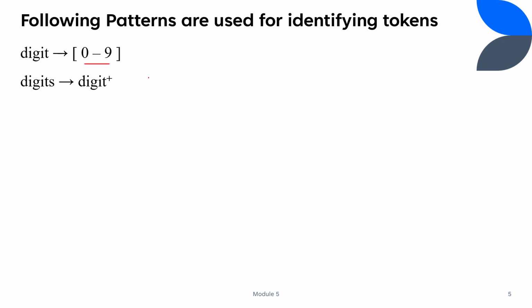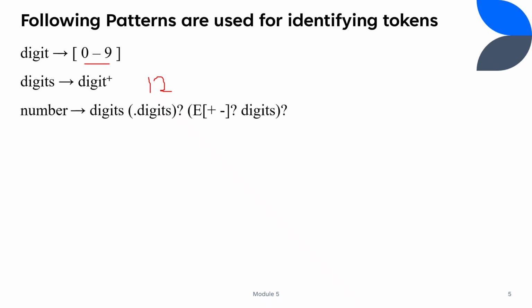So here I can have my input as 12, because 1 and 2 fall in the category of digit, and because of the plus sign I should have at least one occurrence of that range of numbers. Then, in a broader sense, if I want my lexical analyzer to identify numbers which are integer, floating point, or exponential, this is how my regular expression is written.